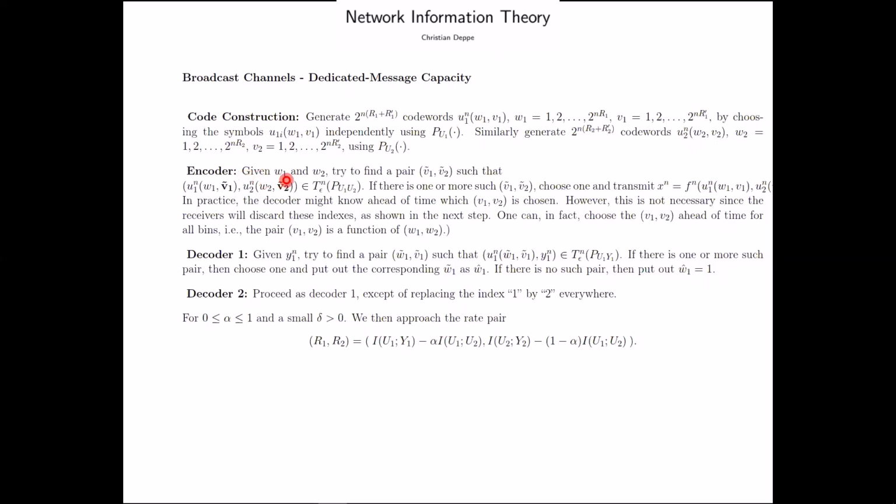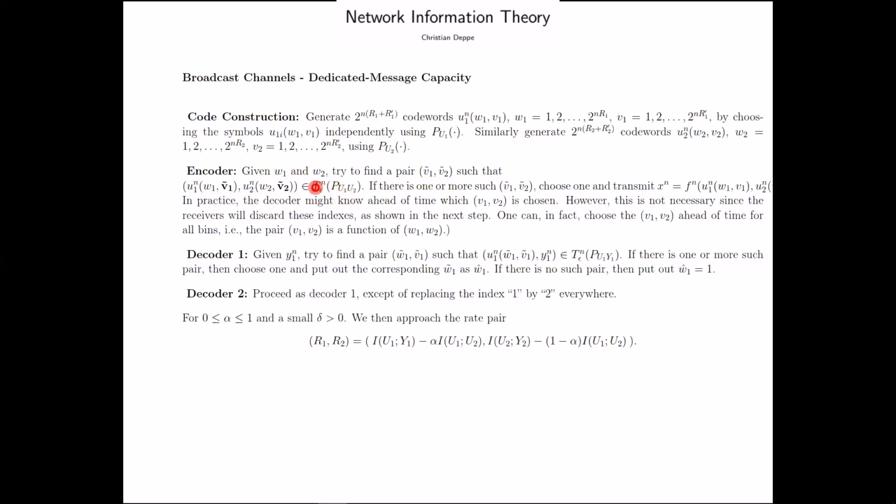He gets the dedicated message W1 and the dedicated message W2 for the first and for the second receiver. Now he tries to find a pair V1 tilde and V2 tilde such that U1^n(W1, V1 tilde) and U2^n(W2, V2 tilde) in the codebooks are jointly typical with respect to P_{U1,U2}.